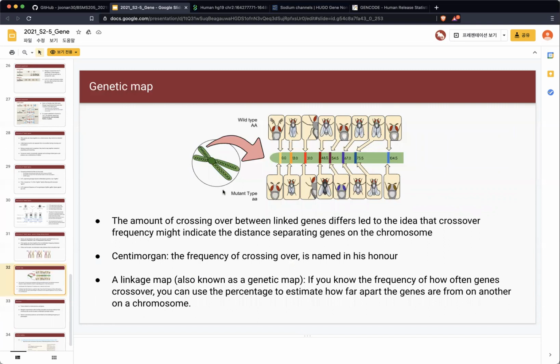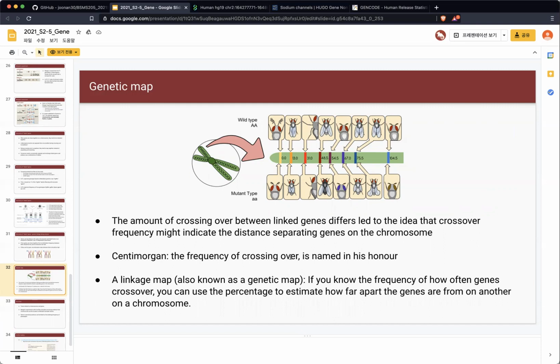So using that idea and the measurement, people use the unit called centimorgan, named after Morgan, and it is based on the frequency of crossing over. That is widely used to determine whether these two loci or traits are linked or not.